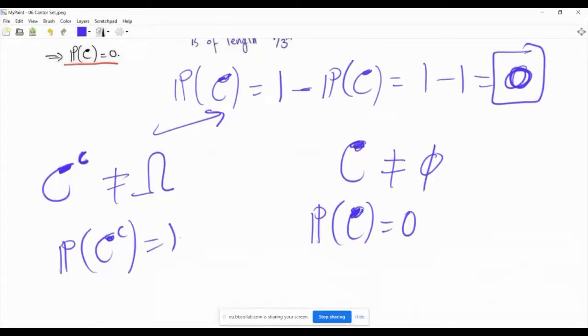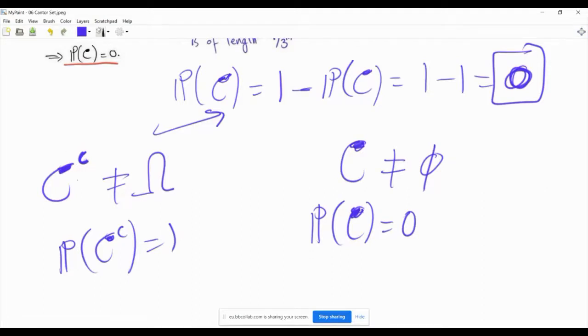Again, for some reason, some people have this idea that the probability is 0 only for the empty set and is 1 only for omega. It can be 0 for many other subsets of big omega. It may be 0 for many other members of the sigma algebra that you define on your sample space.